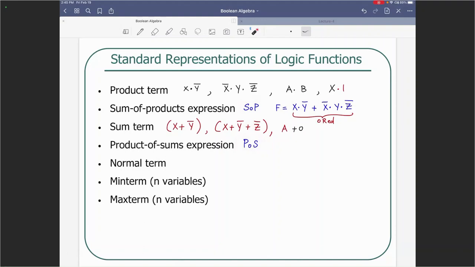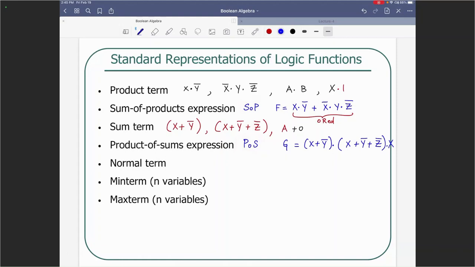All right, so POS, right? What is POS? Well, I need to do a product of all those sum terms. So for example, I can have another logic function here, which I'm calling G, and I can say this is (x or y complement) ANDed with something else, (x or y complement or z complement), right? And I could have also added x here, right?